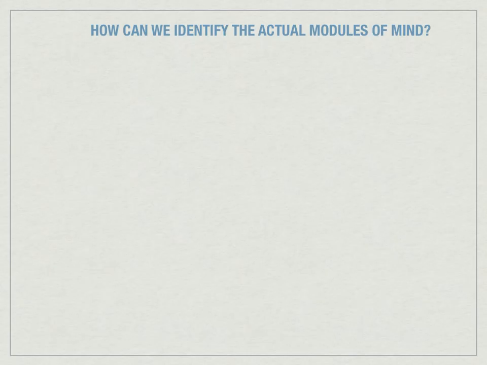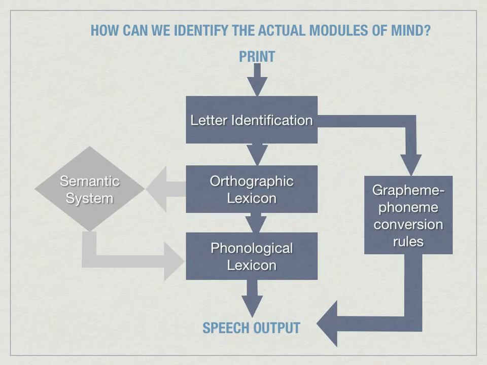And I'm going to show you a particular idea, which is that we have a number of distinct components, listed here in front of you, that are involved in converting a printed word to sound.